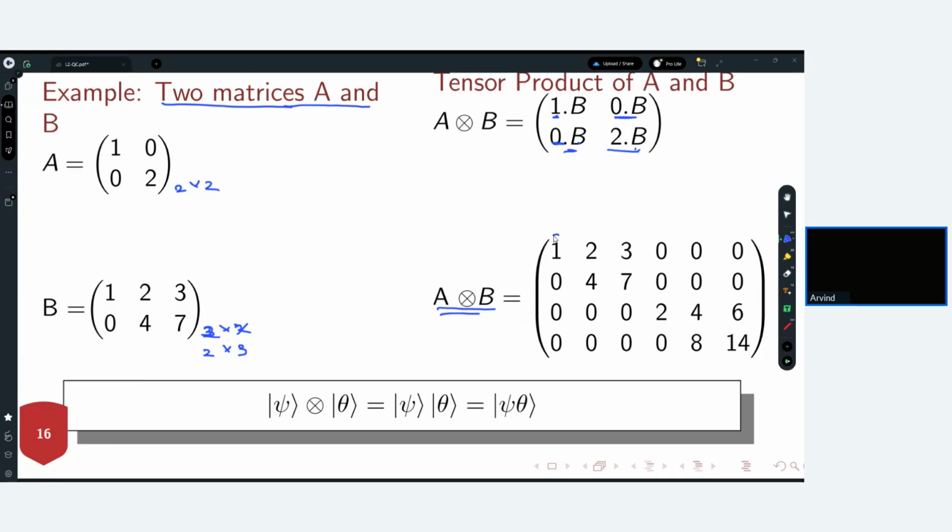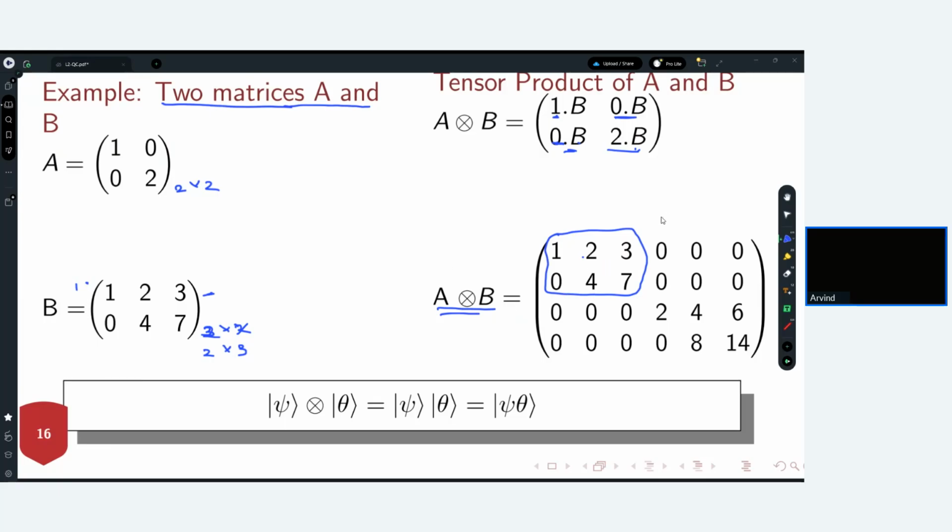So focus on this submatrix of the tensor product, which we get by multiplying matrix B with 1. If we multiply this matrix with 1, we will get the same matrix, 1, 2, 3 and 0, 4, 7.